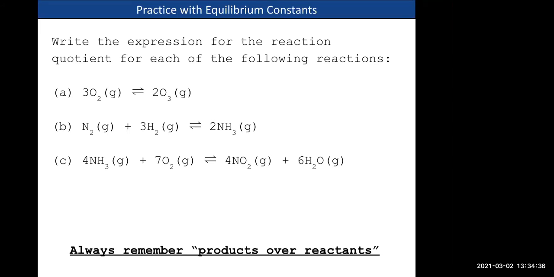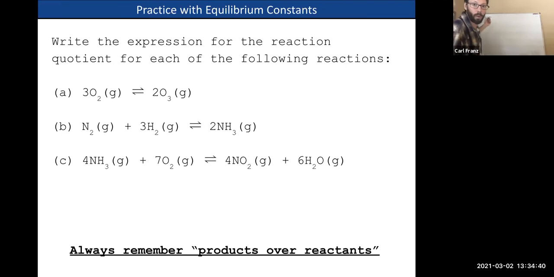So A, for instance, what are they asking for? The expression. So we'll write Q equals O3 raised to the power of 2 over O2 concentration raised to the power of 3.